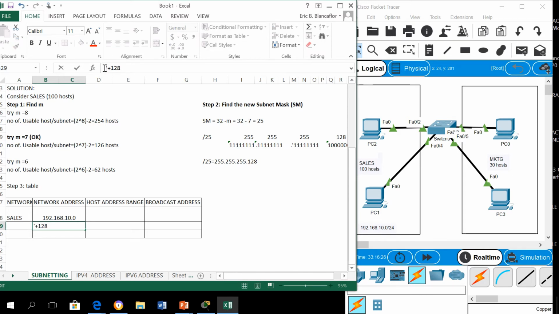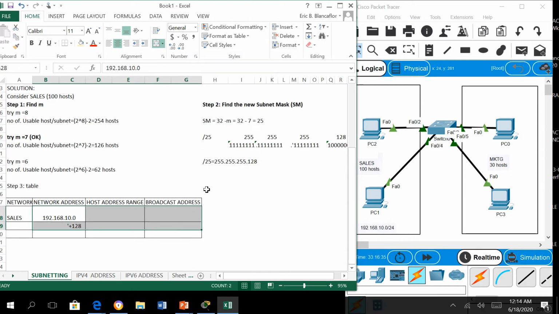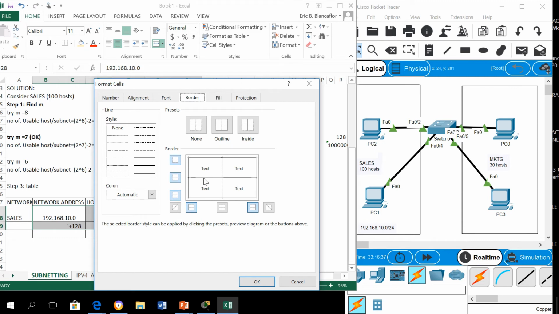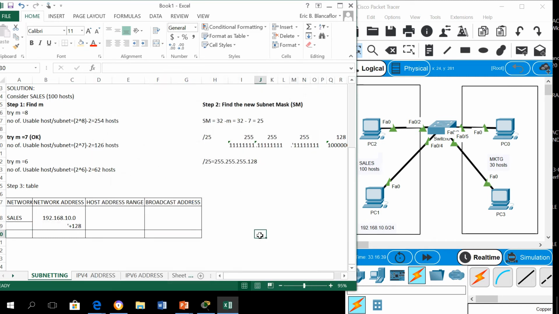You need to add the 128 to the 0 to get the next network. Okay, that's how it is.